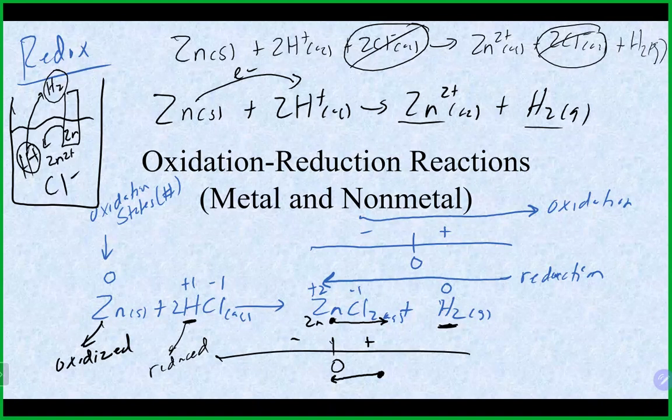And all you have to remember is anything that is by itself, not combined with anything else, anything from the periodic table by itself, along with things like H2 and O2, that's how they naturally come. They have really no charge, or zero oxidation state, and everything else you'll be able to figure out.